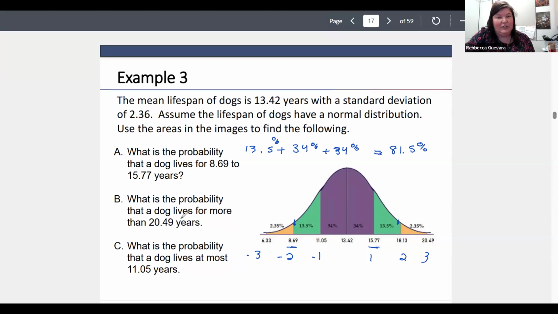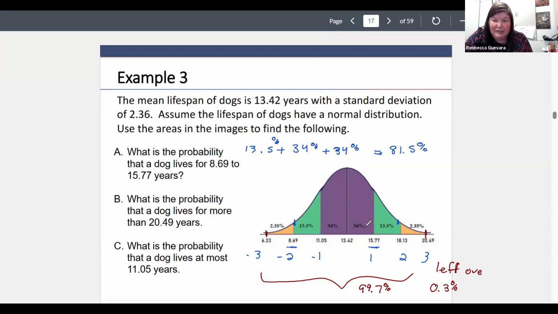What is the probability that a dog lives more than 20.49 years? Another thing to look at here is the standard deviation. This is 99.7% of my data, which means that we have 0.3% left over.